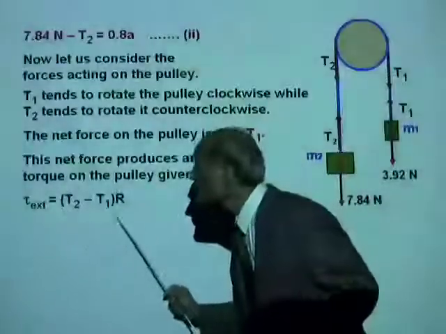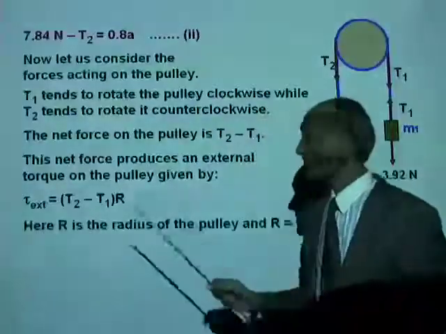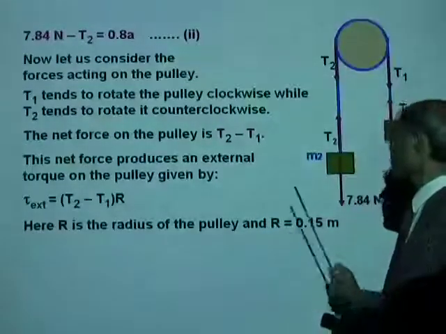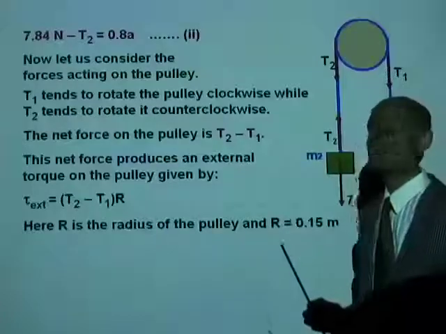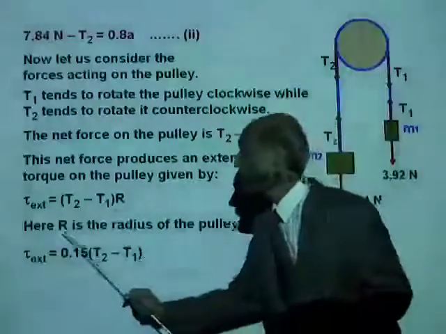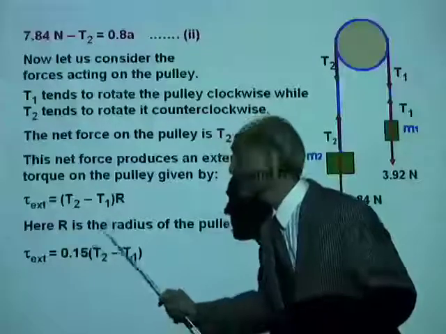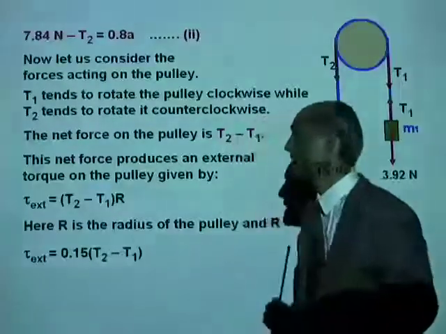Now here, R is the radius of the pulley, which is 0.15 meter. Therefore, I can now say tau external is 0.15 times T2 minus T1.